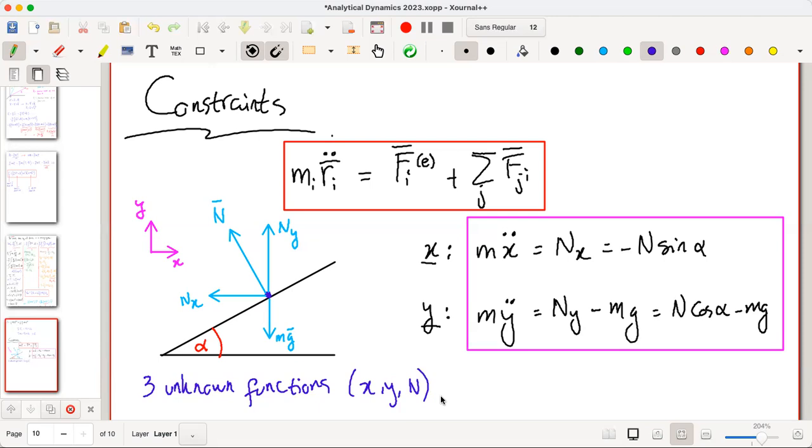On the other hand, if we have more equations than the number of functions to solve, that situation is called overdetermined. In both cases, this is not good, because then we cannot determine uniquely each unknown function.